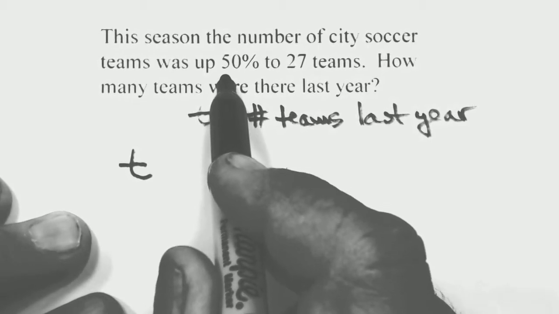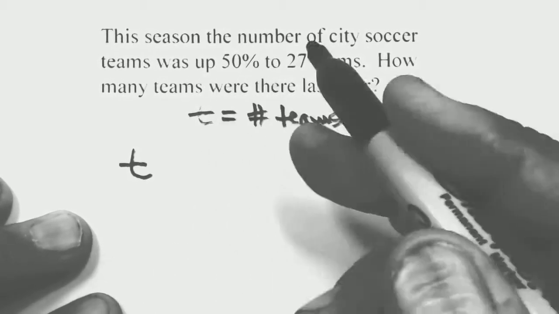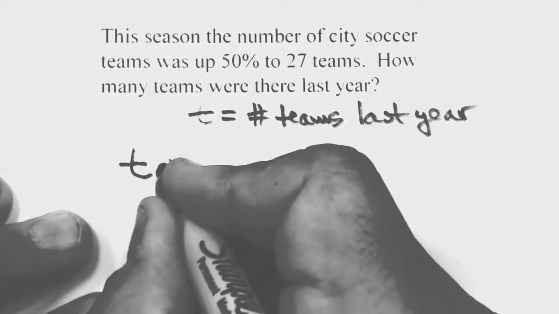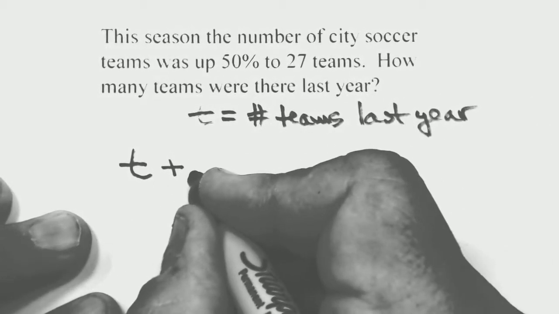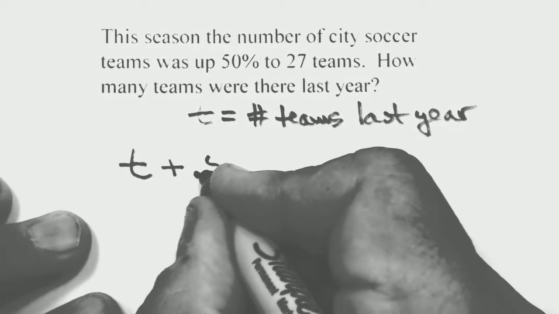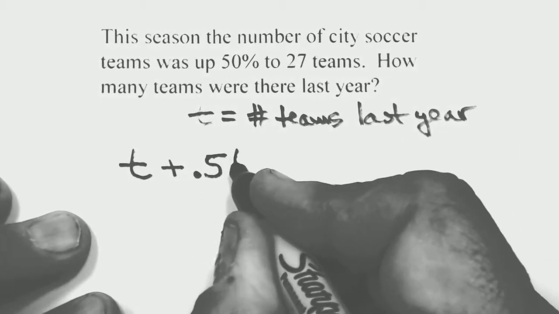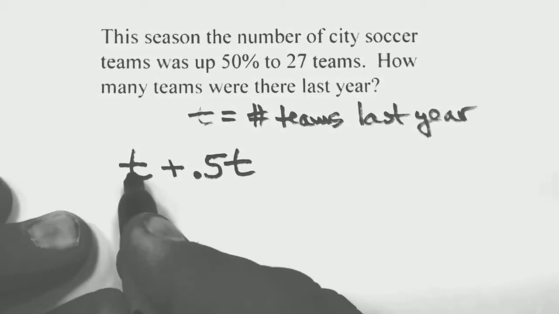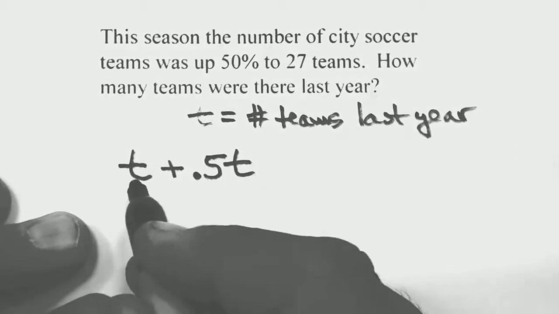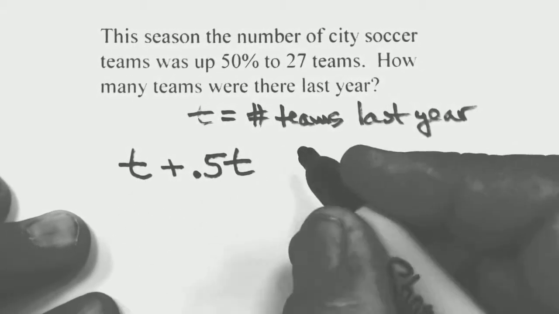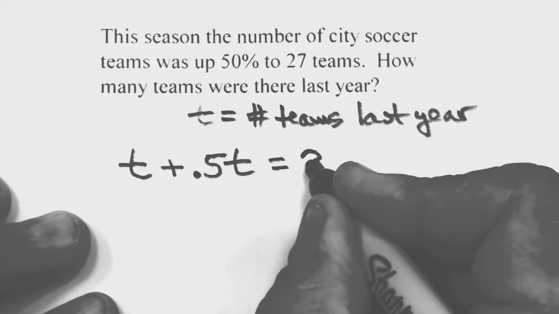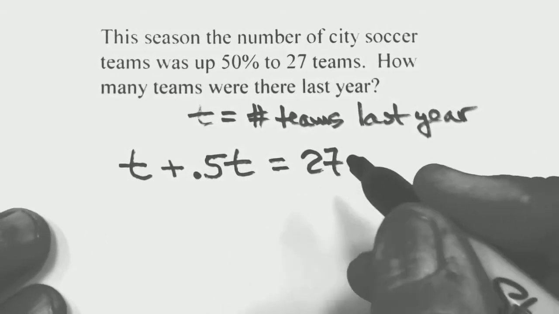Well, this is like having a 50% tax rate being tacked on. It's going to increase it by, well, the 50% is 0.5, and of course it has to multiply the variable again. So, the number of teams last year plus the increase this year equals a total of 27 teams.